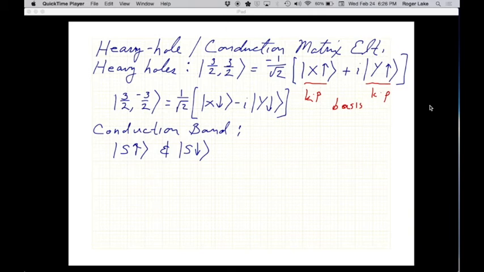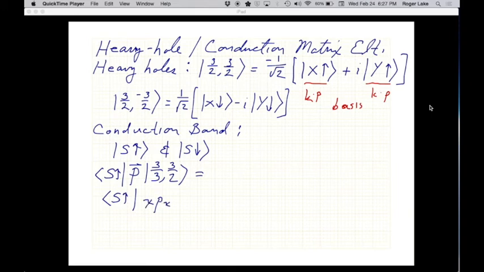And so now we can look at the matrix elements. So we've written our band edge states in terms of our K dot P notation. So S up, P, 3/2, 3/2 is equal to S up, and then you got to write P as a vector, so you got to write it out.